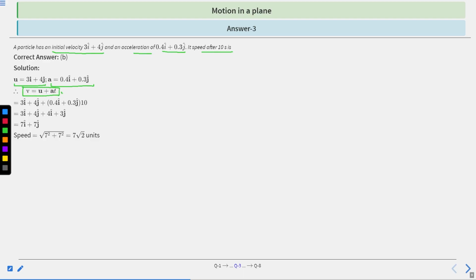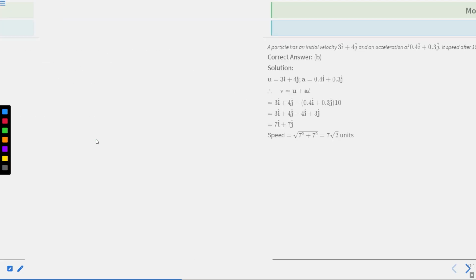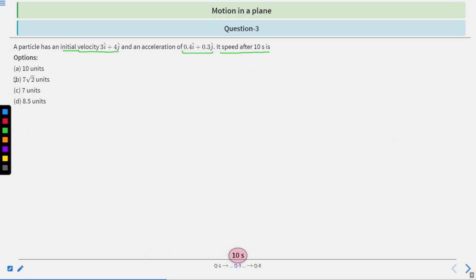Put all the values of initial velocity and acceleration in this formula, where t is the time. After calculation, it will become 7i plus 7j. The question asked about the speed. The speed is the magnitude, under root 7 square plus 7 square, which is equal to 7 root 2 units. So the correct answer is B, 7 root 2 units.